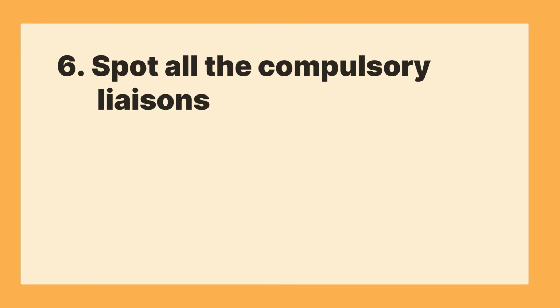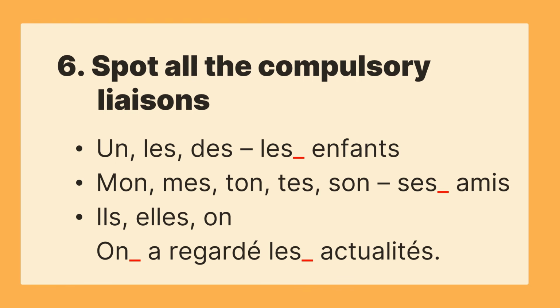Even if you manage to do everything so far, you cannot get top grades if you don't make liaison. I remind you that liaisons are between a consonant and a vowel. So I'm just going to show you the basic ones very quickly. Un, les, des, mon, mes, ton, tes, son, ses, ils, elles, or on.